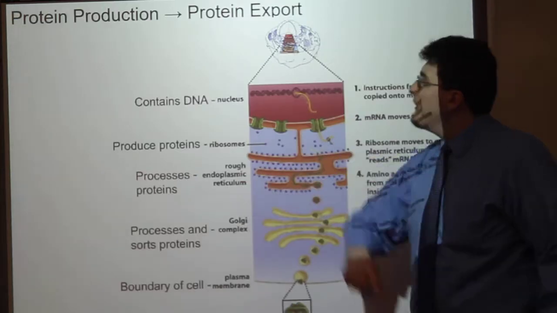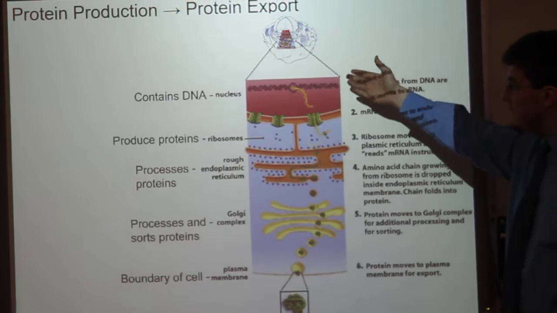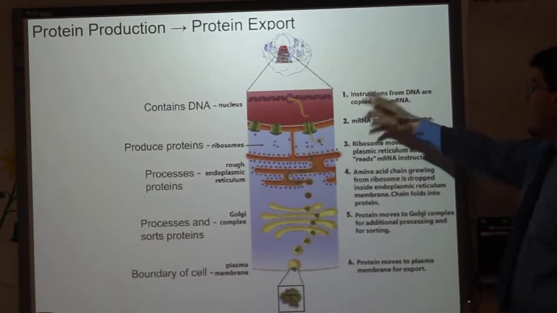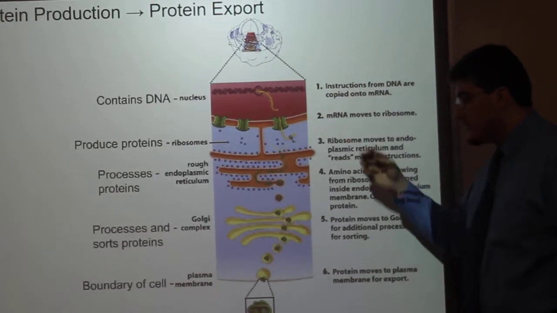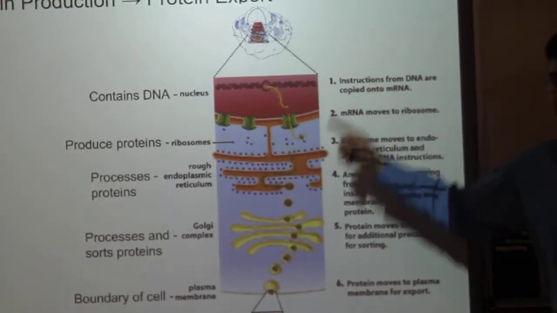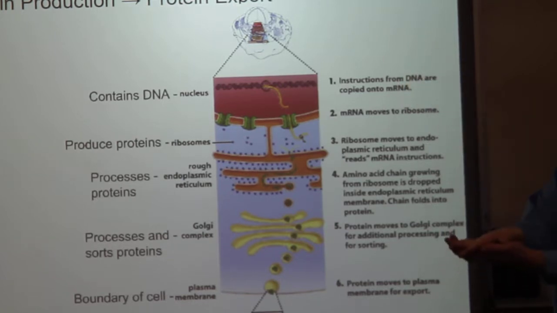Now, this is the process of protein production, protein export. DNA in the nucleus is transcribed to produce RNA. mRNA is excreted through the nuclear pore and moves into the cytosol. It is clamped down upon by the small and large ribosomal subunit, Mr. Clampy, if you recall.